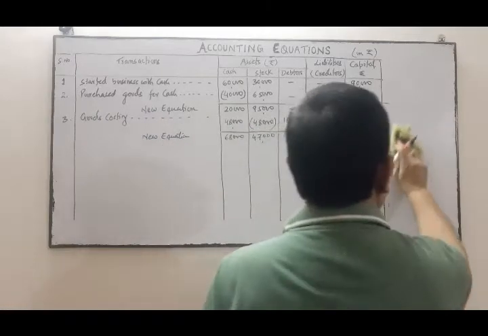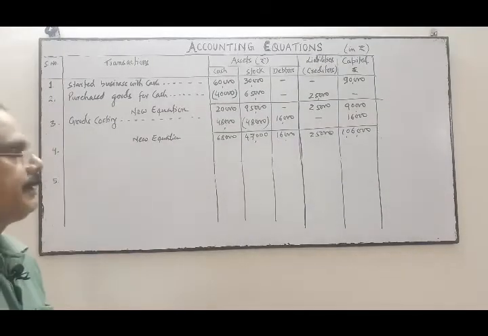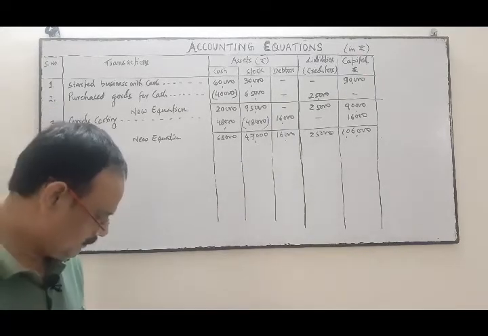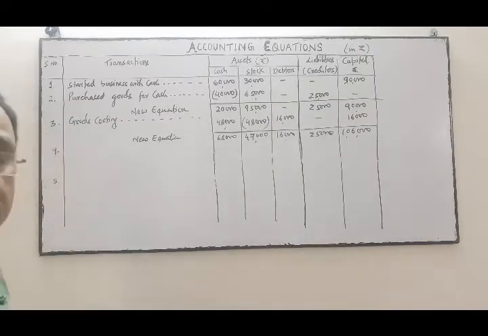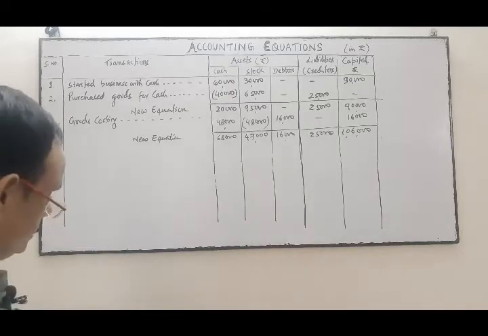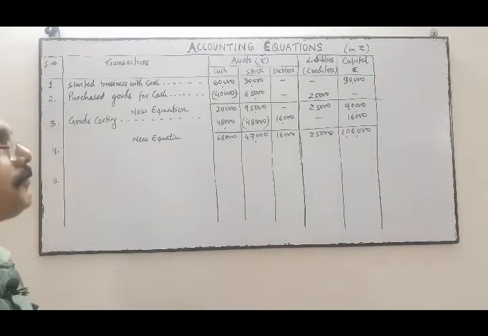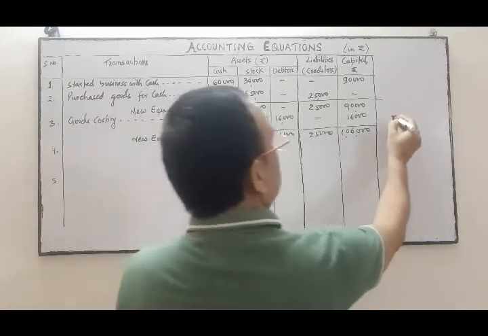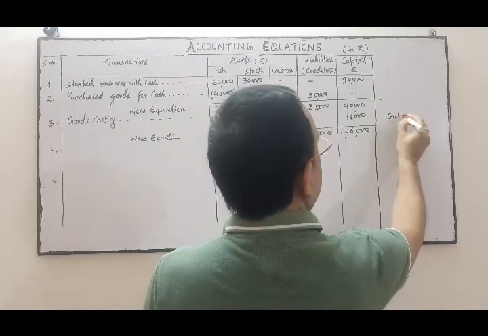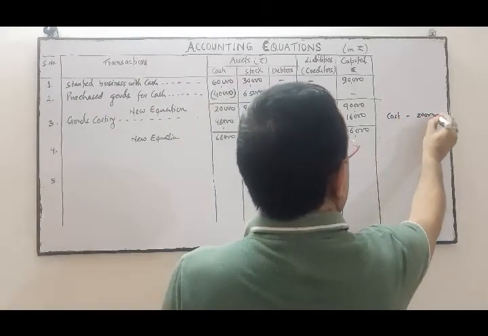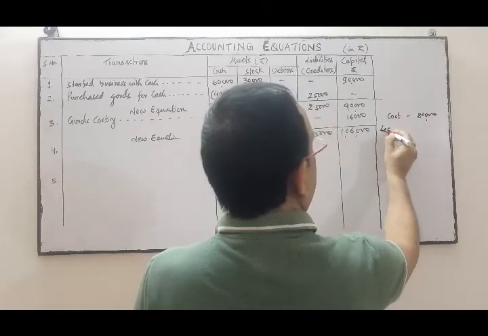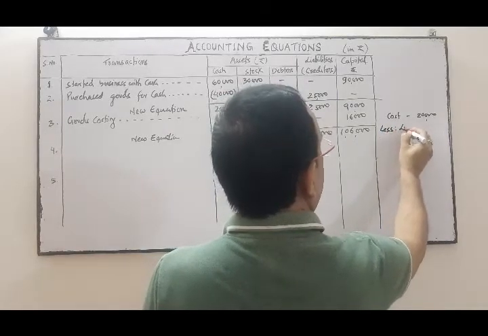Now come to the fourth one. Goods costing rupees 20,000 sold at a loss of 5%. The cost of the goods is 20,000.